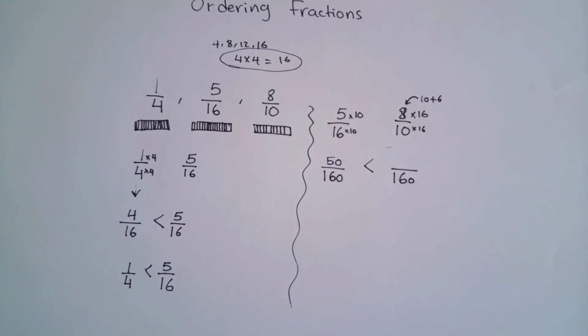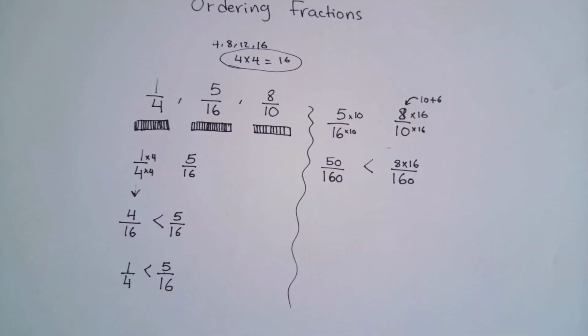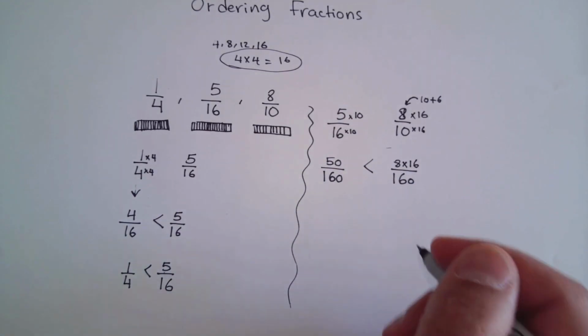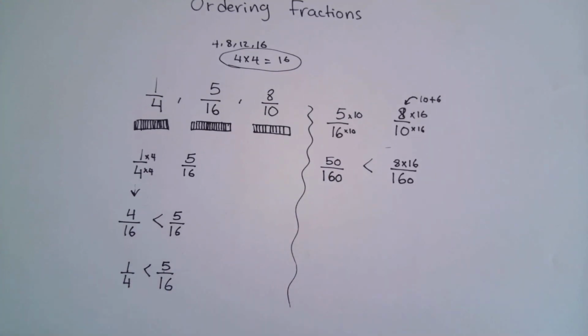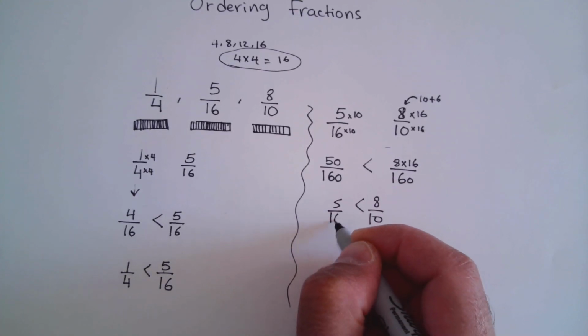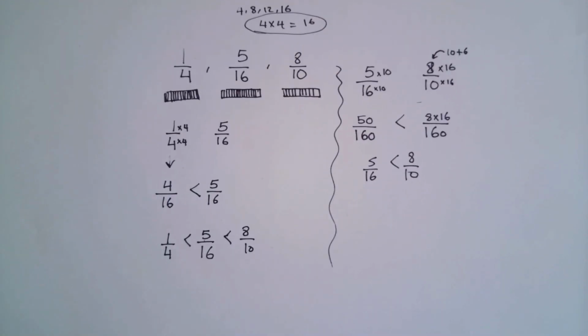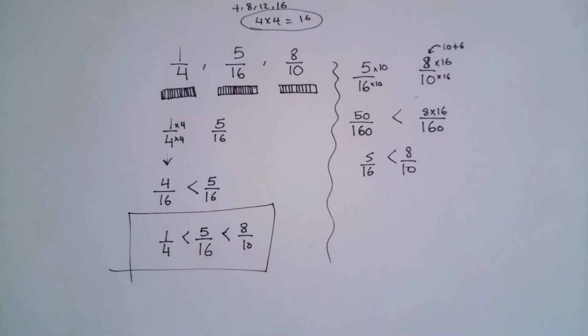So we know that 8 times 16 is going to be bigger than 50. So 8 tenths is bigger than 5 sixteenths. The answer is clear that 8 tenths is the biggest fraction because it's also closest to a whole than the other two fractions.